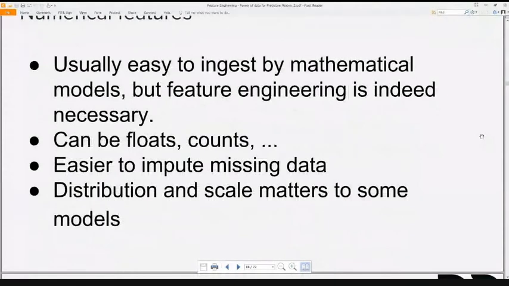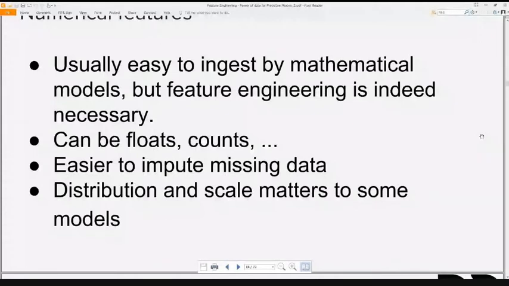So usually, numerical features are easy to ingest by mathematical models, but feature engineering for machine learning is indeed necessary. It can be float or count. It's easier to impute missing data for numeric values.